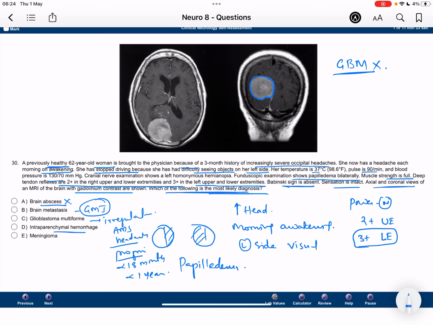Next, we talk about intraparenchymal hemorrhage, usually sudden onset of symptoms. But this patient has a 3-month history of increasing occipital headaches, so it is not intraparenchymal hemorrhage. Meningioma is in my books, because this patient has a nice, neat circumscribed mass and has chronic symptoms.